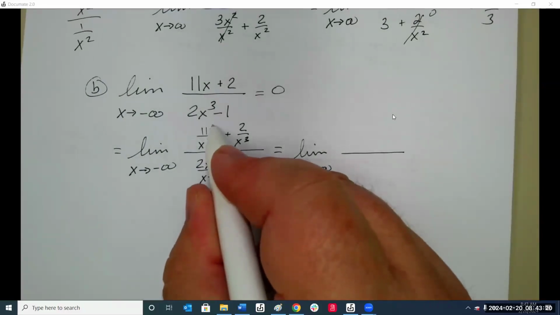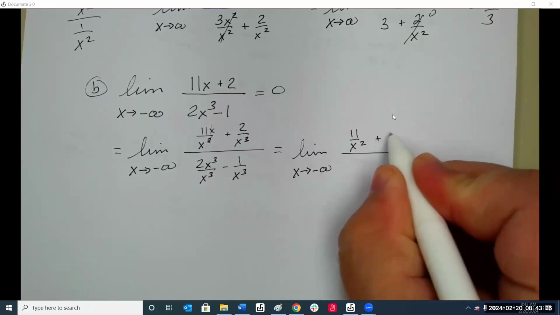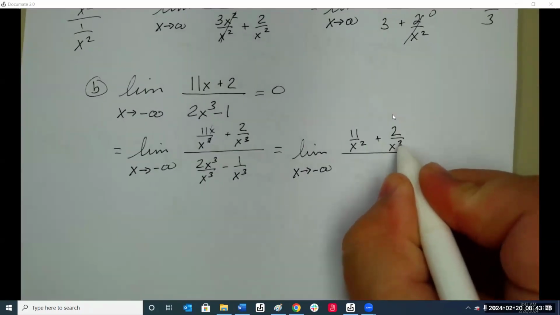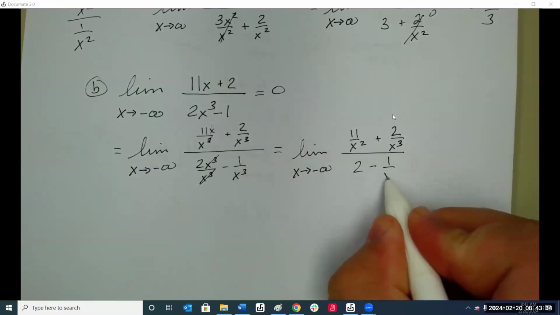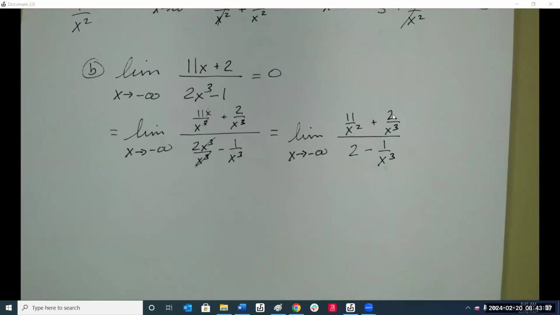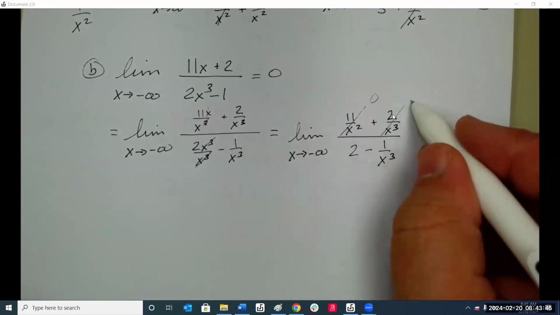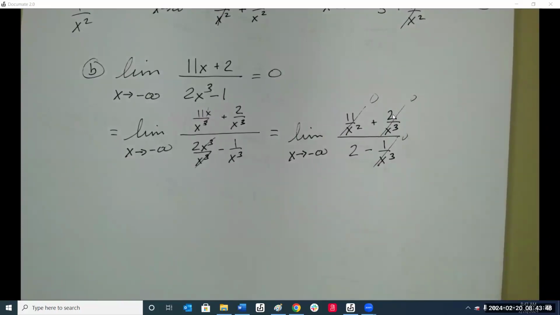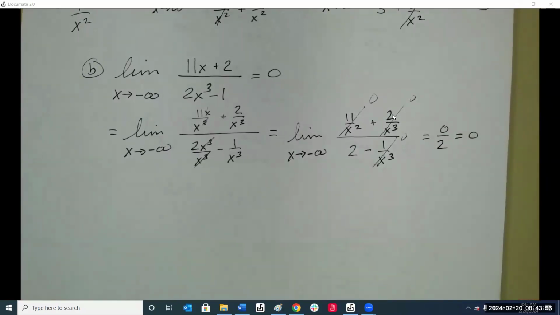Reduce, so that one's gone. We have 11 over x squared plus 2 over x cubed. Those cancel, so we have 2. As x goes to negative infinity, this one goes to 0, that one goes to 0. Anything that has an x on the bottom goes to 0. So what we have left is, as you said, 0 over 2, which is 0. Very good.